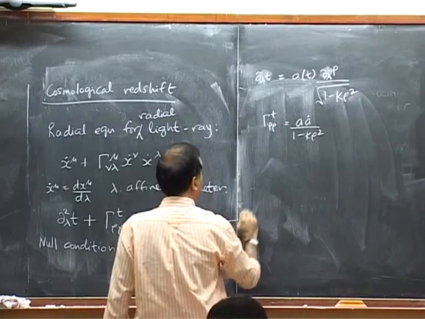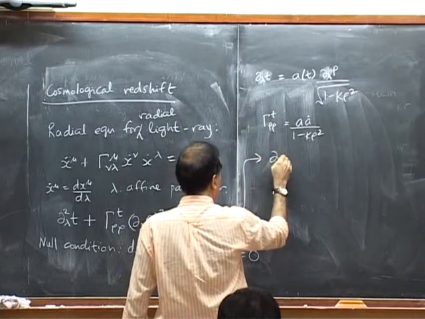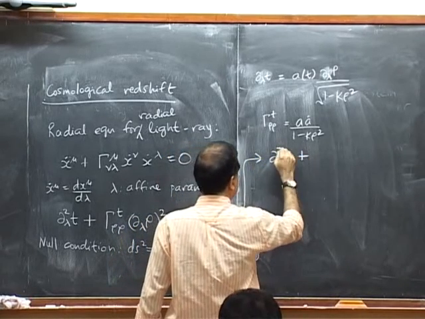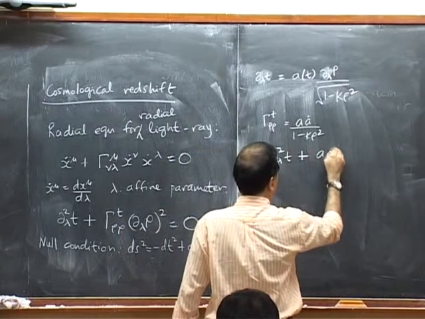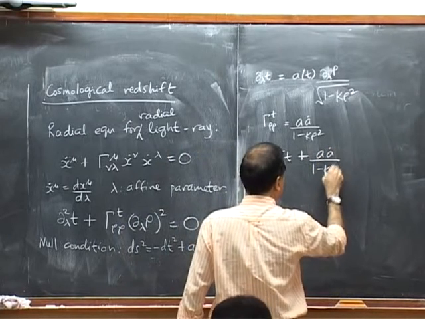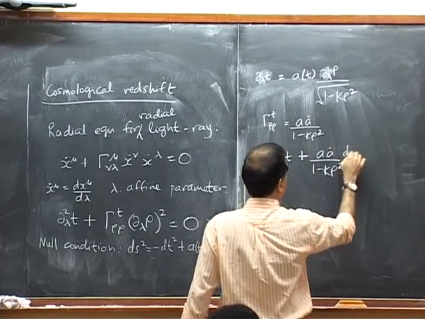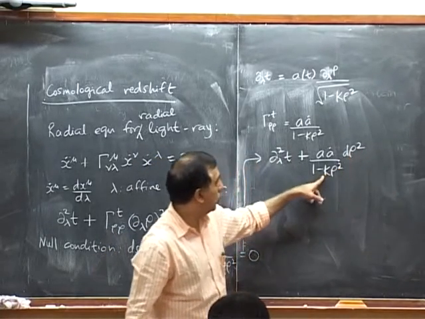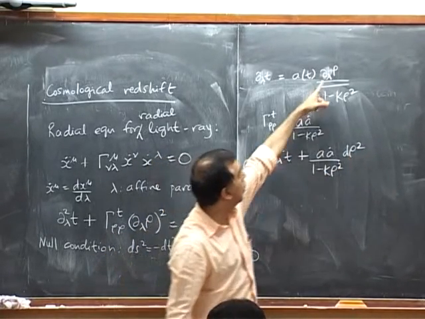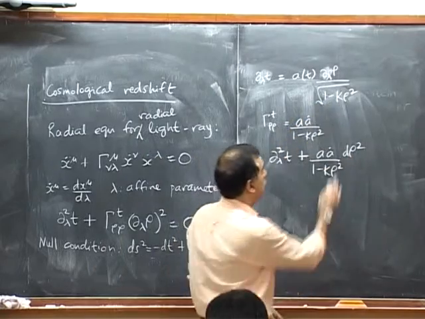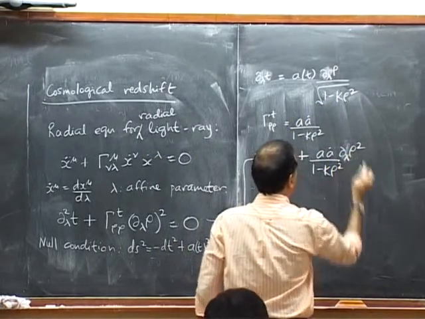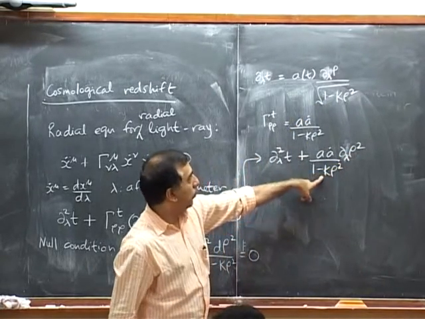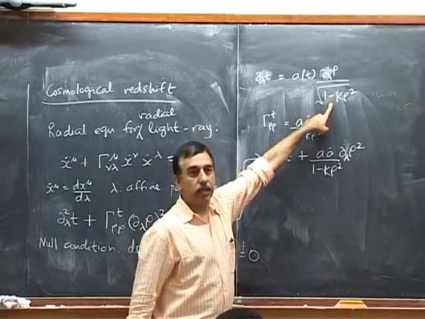So therefore, I can rewrite this equation as del lambda squared of t plus a dot upon 1 minus k rho squared times del lambda of rho squared. Now conveniently, I see that del lambda of rho squared over 1 minus k rho squared is exactly this combination squared.